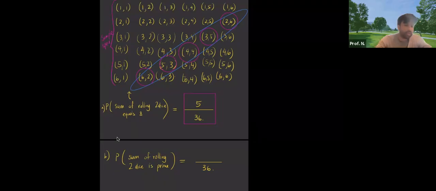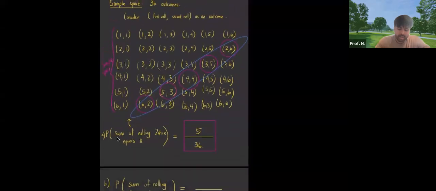So first of all, what's prime? Prime numbers: 2, 3, 5, 7, 11. These are numbers whose only factors are 1 and itself. So when we look back at the sample space, what pairs of numbers add up to 2, for example?